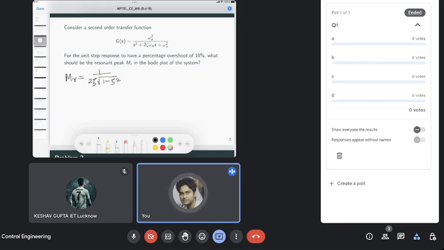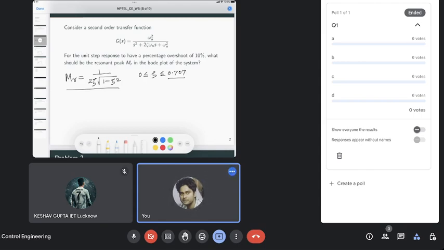This is valid only when zeta is less than 0.707, as you already know. For a zeta value higher than this, there is no resonant peak. So if you know the damping factor zeta, you can easily calculate by just substituting that value.